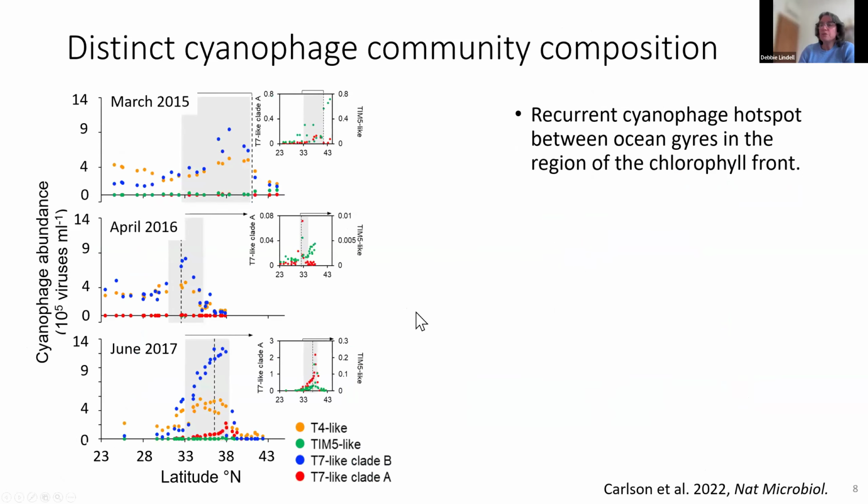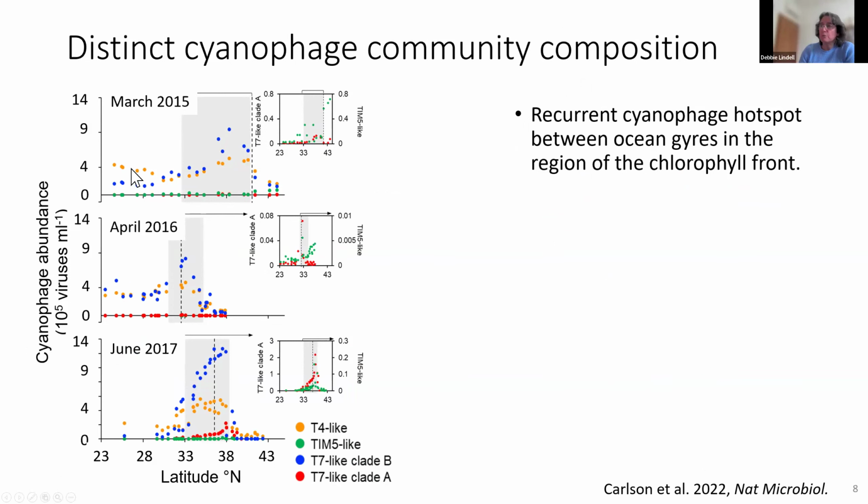And so when we use this method to assess the distribution of cyanophage groups, we see that we have T4-like cyanophages that are abundant in the subtropical gyre, that we have the T7-likes that dominate in the transition zone between the two gyres, and that the TIM5-like group becomes more abundant as we go north.